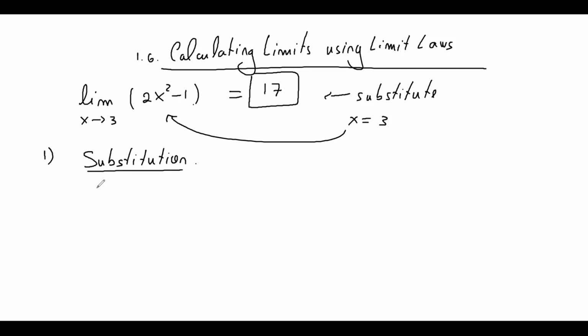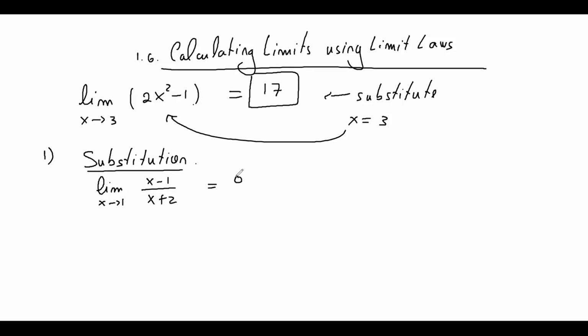So for example, the limit as x approaches 1 of x minus 1 divided by x plus 2. What would that be if I substitute 1 in this formula? And I can, because everything makes sense. 0 at the top, 3 at the bottom.